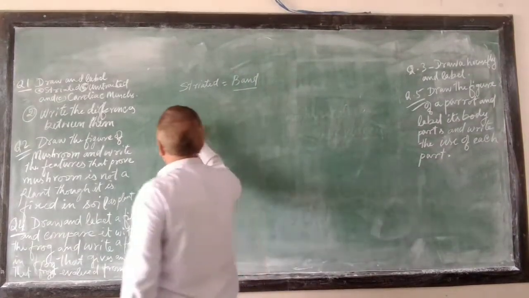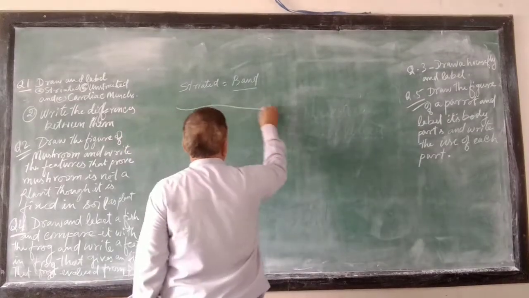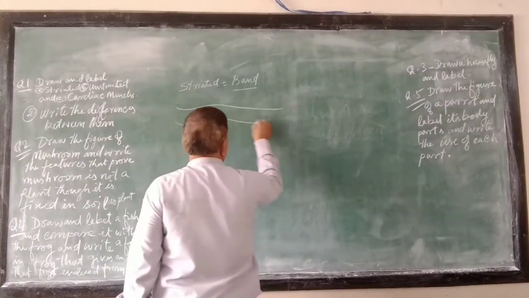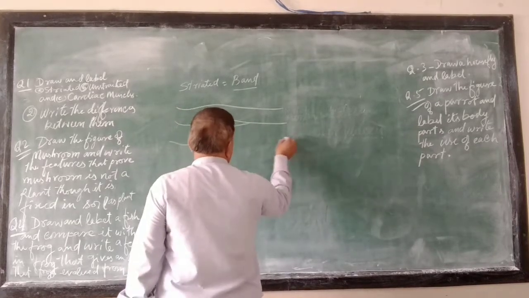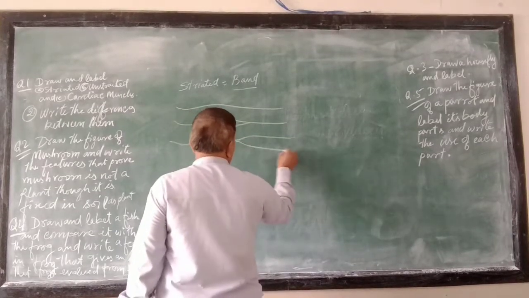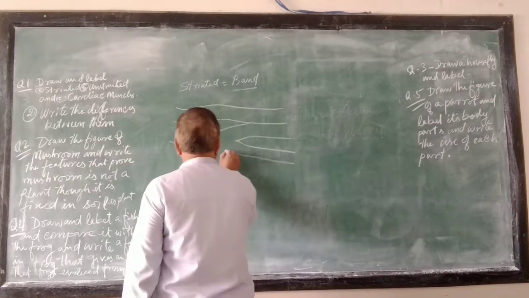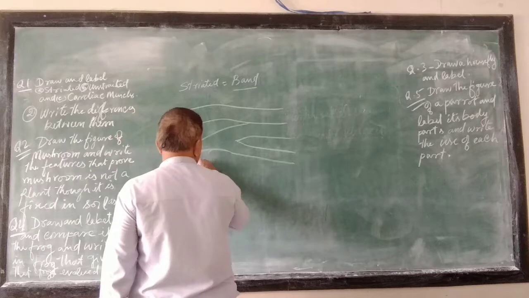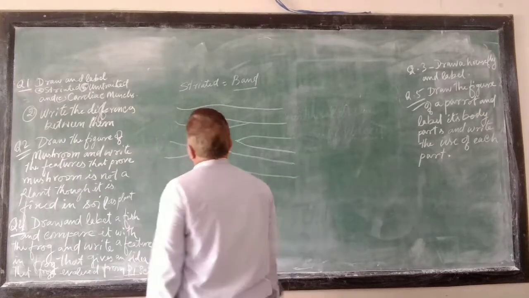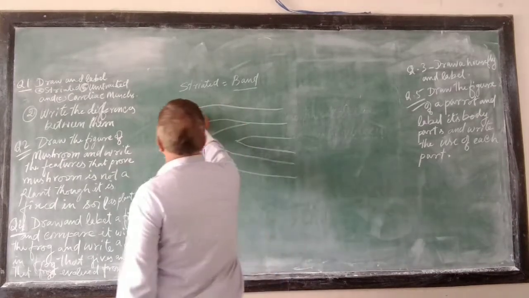So, striated muscles, they are striped like this. They have stripes and they are branched also. Sometimes you will see they are branched also, and they are nucleated also.